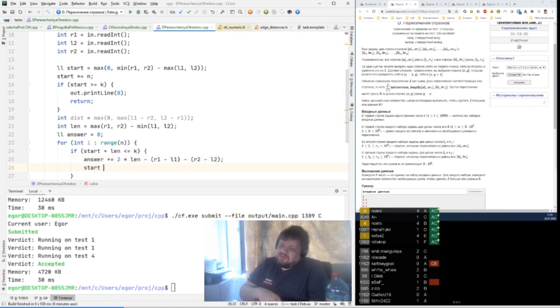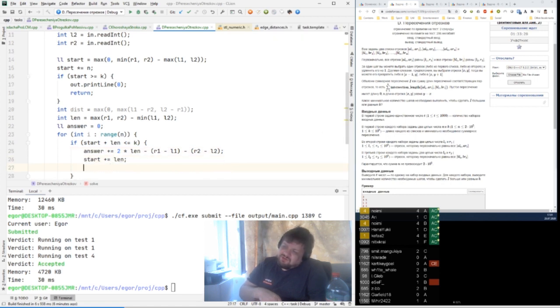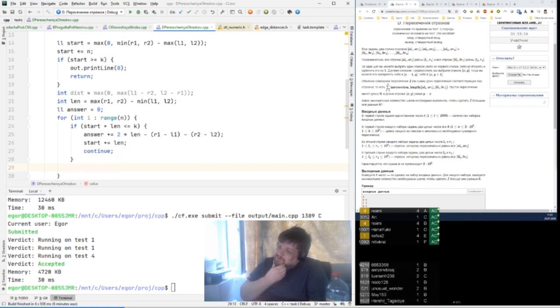But we shouldn't add len, we should add len minus base points because we already accounted some points right away. So yes, I will fix it shortly.